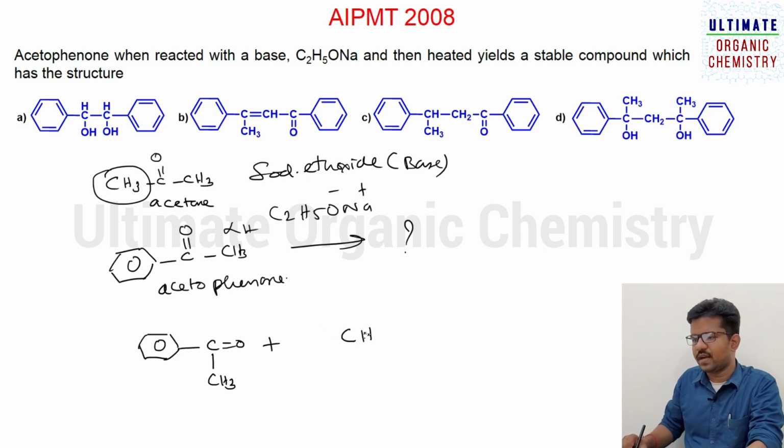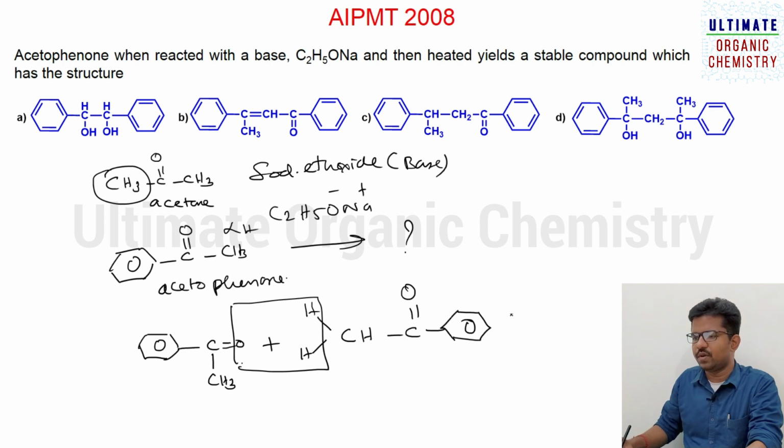I am keeping one hydrogen here and 2 hydrogens outside that system. So you have C double bond O, here you have phenyl. So the overall reaction: water will be removed. Once water is removed, you will get phenyl, C, CH3, double bond CH, C double bond O, this one.